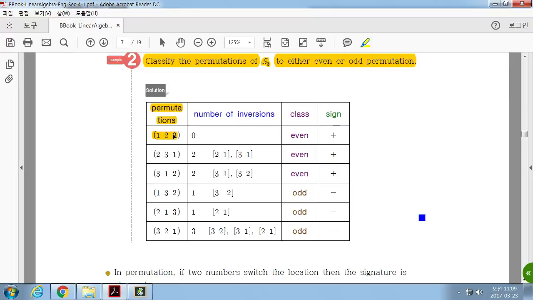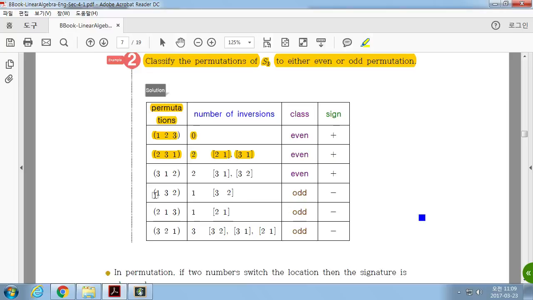It's in increasing order. For this one, how many inversions? We have 2: the 3 is ahead of 1, and 2 is ahead of 1. When a bigger number is in front of a smaller one, an inversion occurs. So we have 2 inversions.